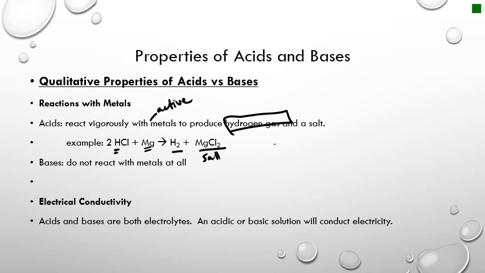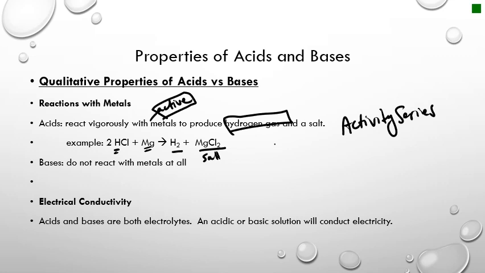Please remember, when we're dealing with that active metal concept, we are referring to the activity series. So if you recall with our activity series, if a metal that is by itself is higher on the activity series than the element that it would switch places with of the same charge in the compound, then the reaction will take place.